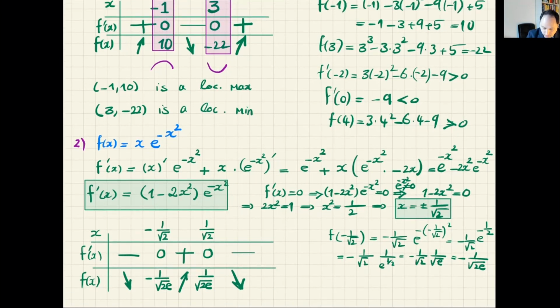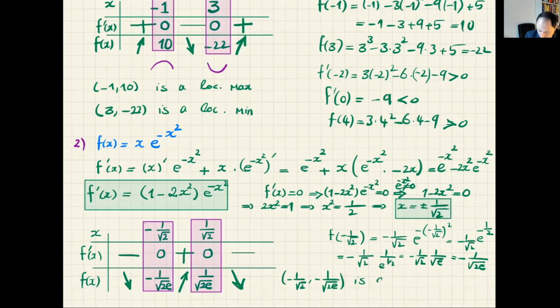And then, of course, it is clear that this one is a local minimum, and this one is a local maximum, yes? But you need to write it down. So the point -1 over the square root of 2, minus 1 over the square root of 2e, is a local minimum.